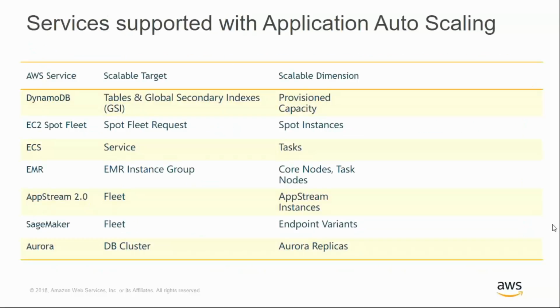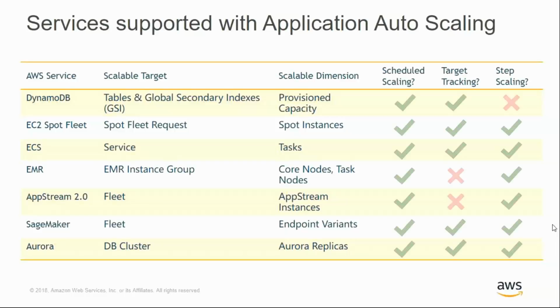So in case of DynamoDB, which is a non-relational database service, you can scale the provisioned capacity of the tables and global secondary indexes. On the other hand, for ECS, you scale the tasks running in your services. How you scale these services will vary from one service to the other.